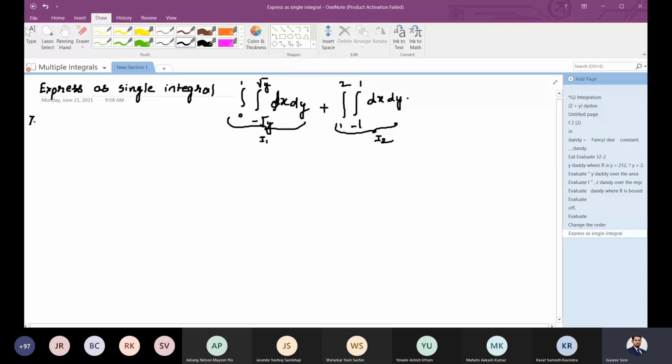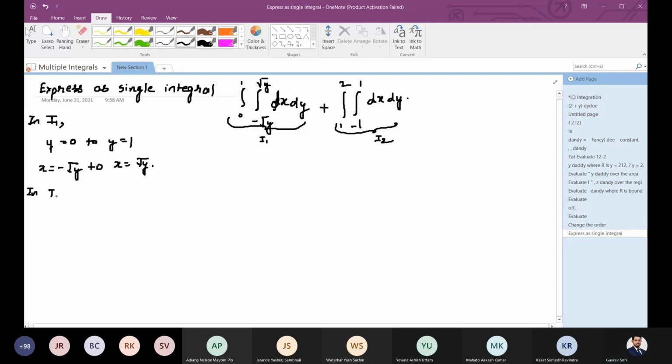So in I1, our limits are y is running from 0 to y equal to 1, x is running from minus root y to x equal to plus root y. Note that the strip is parallel to x-axis.